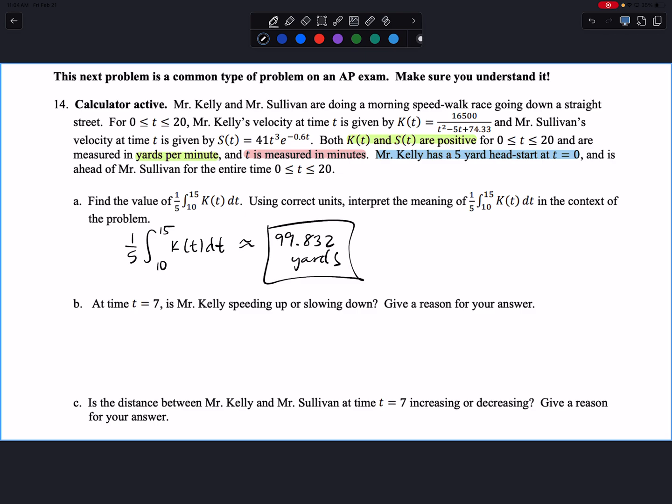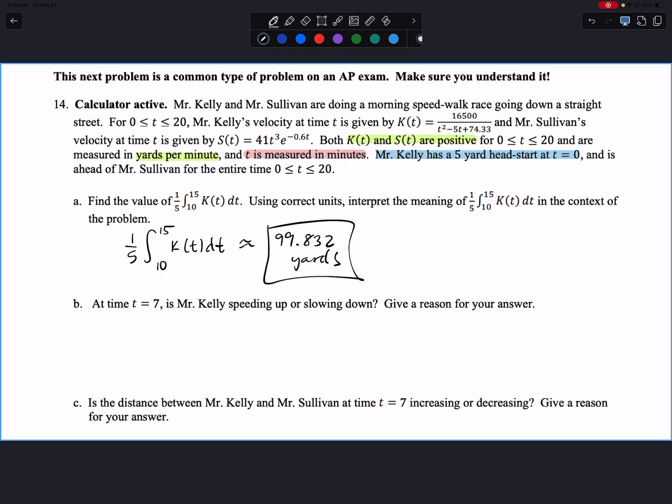This is not good, guys. What was the last section called? Average value. So what's the value in this context? K of t represents what? Velocity. So this is the average velocity.